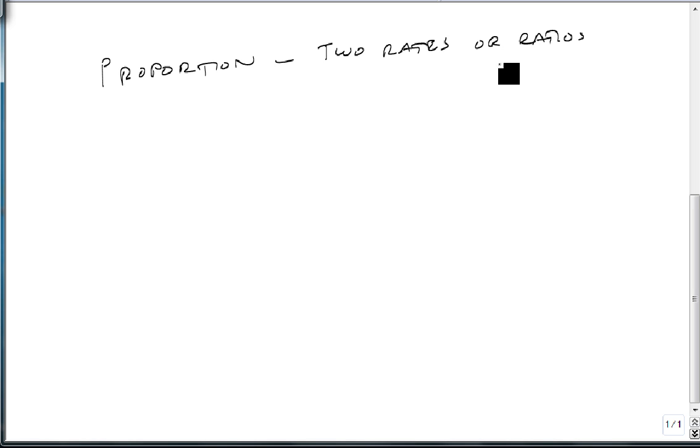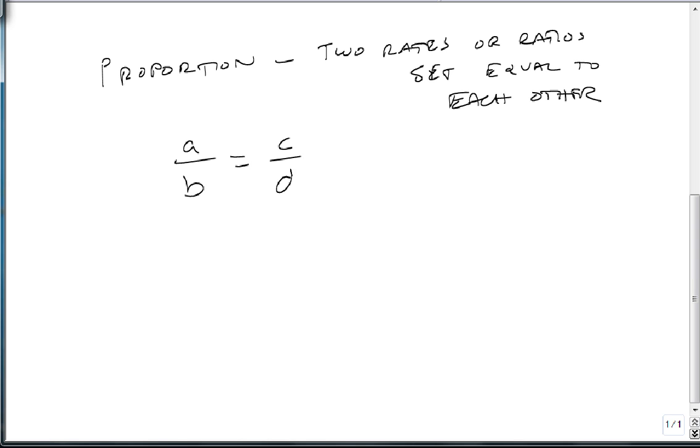The last one that we want to talk about is a proportion. And a proportion is simply two rates or ratios set equal to each other. We always have something like A over B equals C over D. And if we have this, then we're dealing with a proportion.